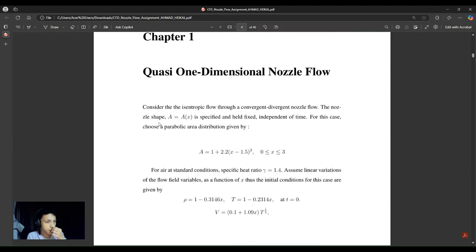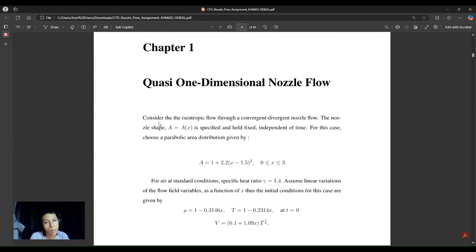In this quasi one-dimensional nozzle flow, we are going to consider the isentropic flow through a convergent-divergent nozzle, whose shape is predefined by a parabolic area distribution, which is given by this equation.